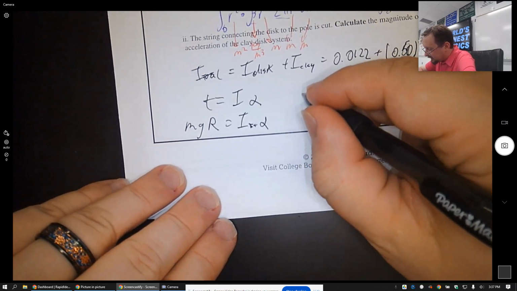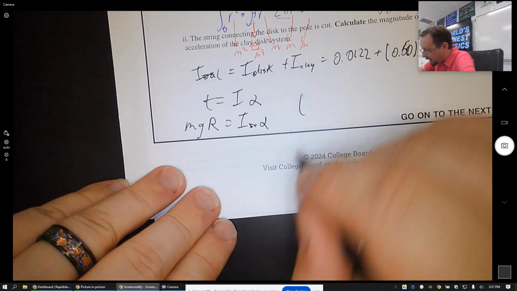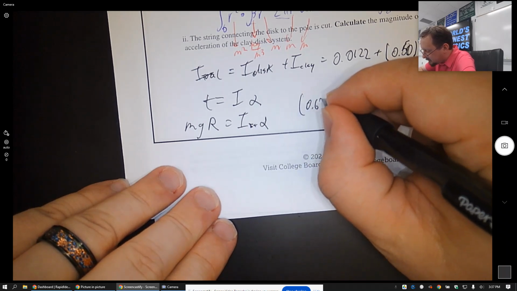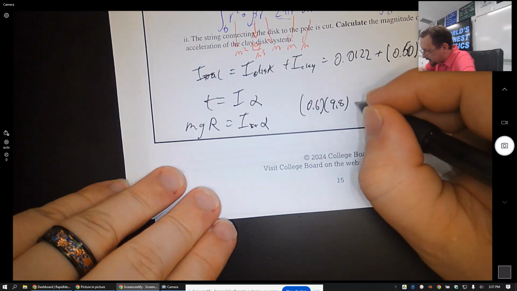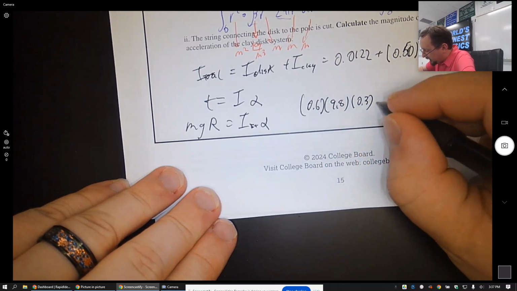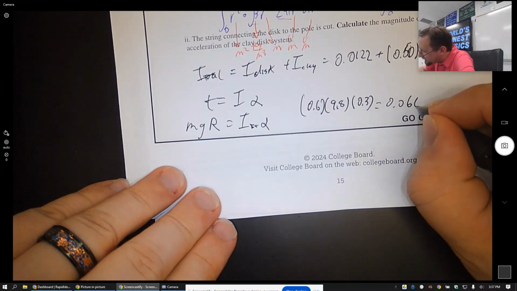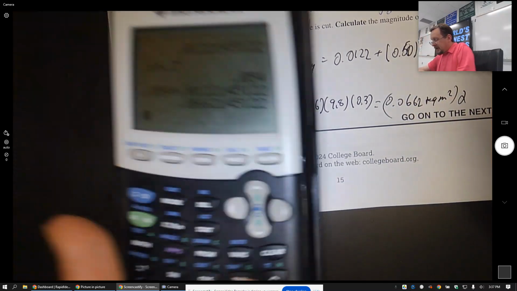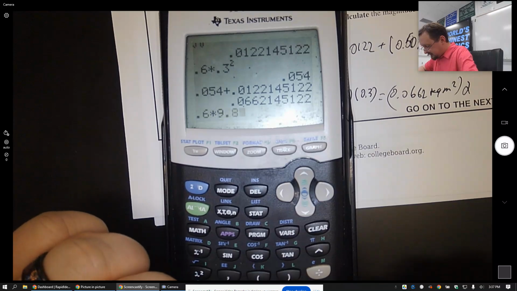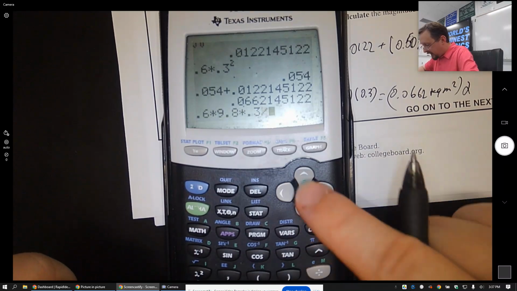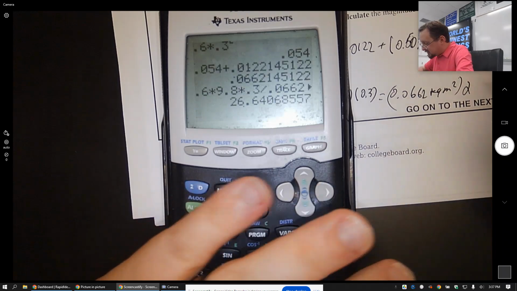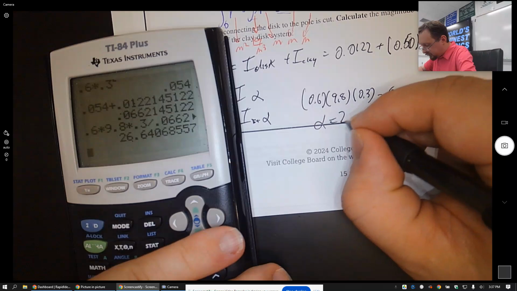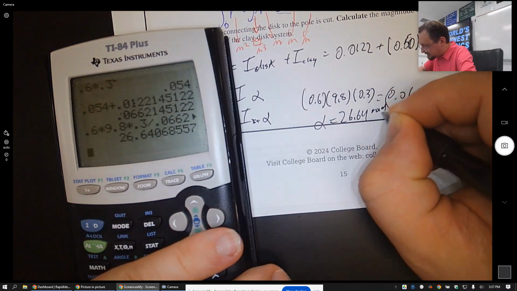So we're going to take the m of the clay, the g, it's going to be ugly numbers anyway, so I'm going to use 9.8, times 0.3 equals 0.0662 kilogram meters squared times alpha. So let us take 0.6 g radius divided by this, and your initial alpha is 26.64 radians per second squared. Okay. That sucked.